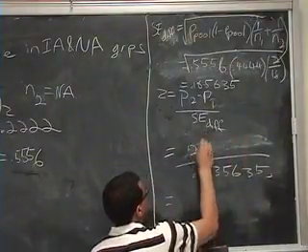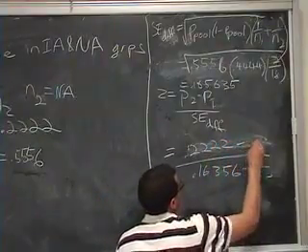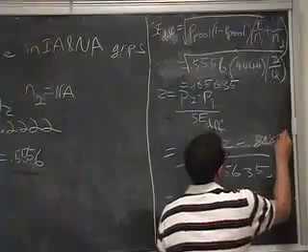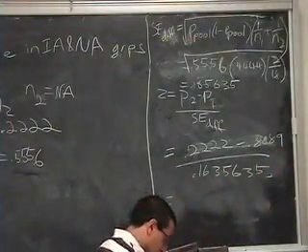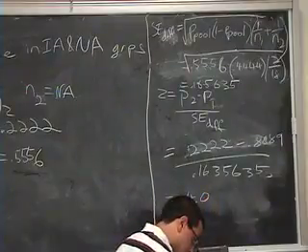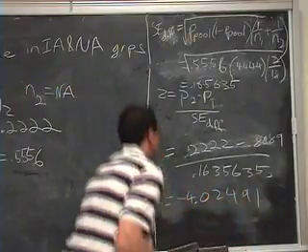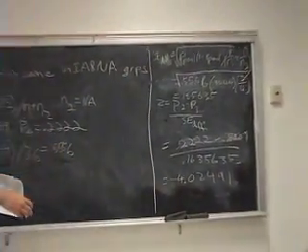So it's 0.2222 minus 0.8889. Then you get a z-score of negative 4.02491.